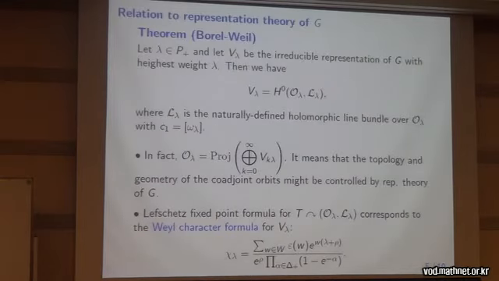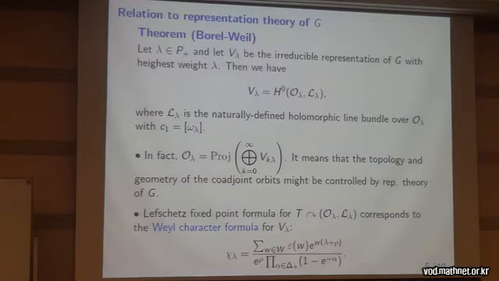Okay, next I want to remind you of the relation between the representation theory of G and our coadjoint orbit. Let lambda be a dominant weight, and let V_lambda be the irreducible representation of G with highest weight lambda.